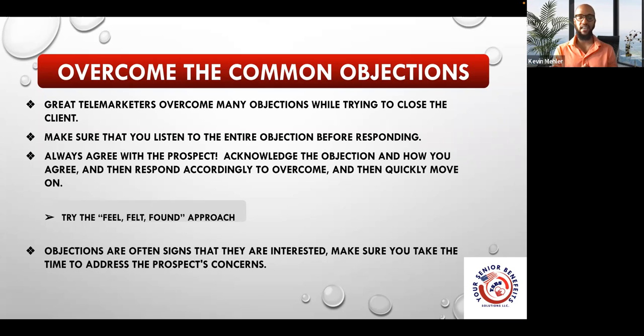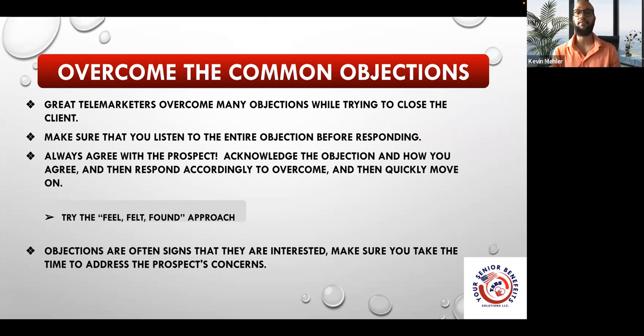Because there is a trend. They ask the same question. So if you start incorporating that into your presentation, or if you ever wonder why in the script, why do I have to say this? Why do I ask these questions? Because you are actually covering a lot of the objections so that they do not even come up, okay?